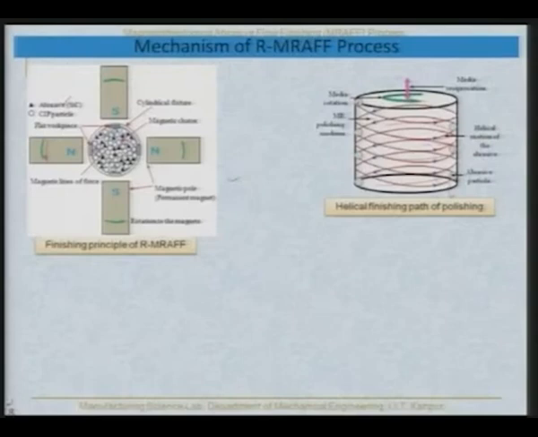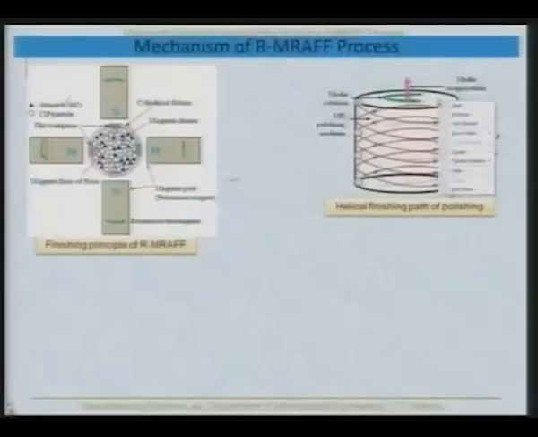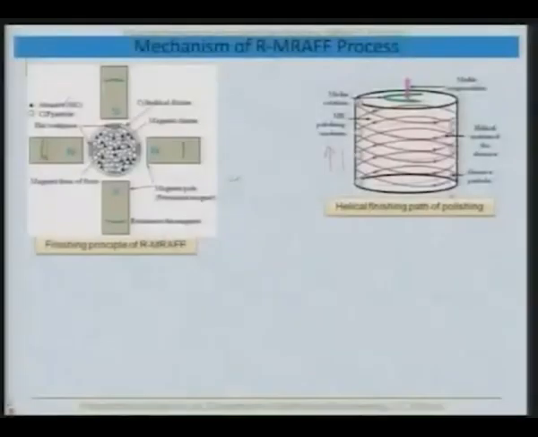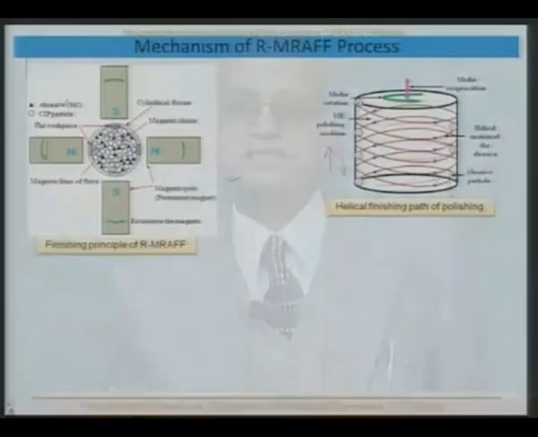And when it follows this helical path, the total length travelled by an abrasive particle before it enters the workpiece and after it comes out of the workpiece zone will be much larger than when it is moving only in the axial direction. If its path length increases, then interaction also increases with the peaks of the workpiece surface.